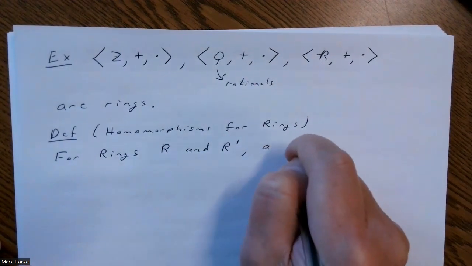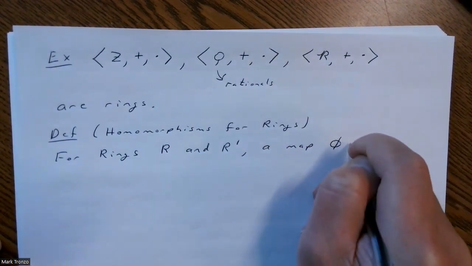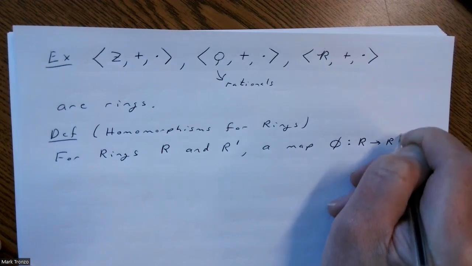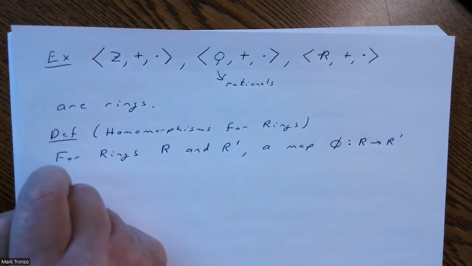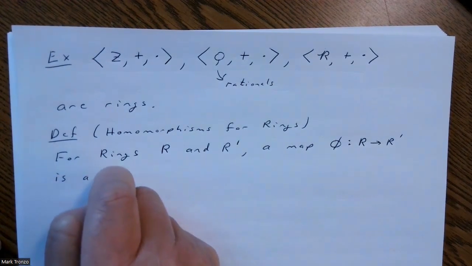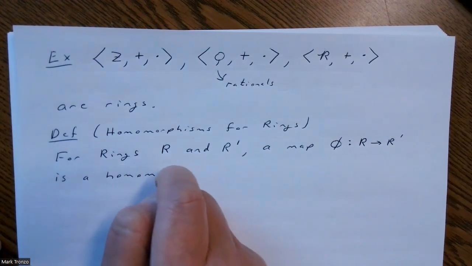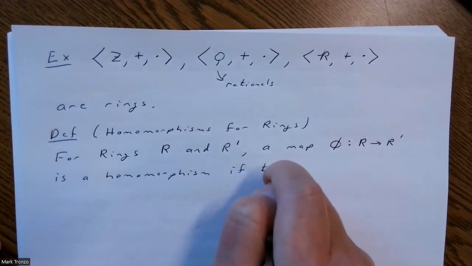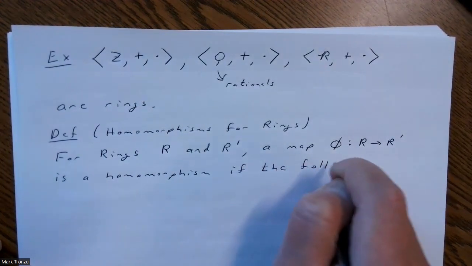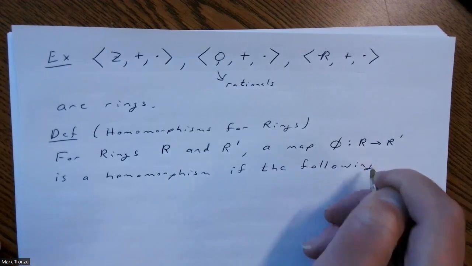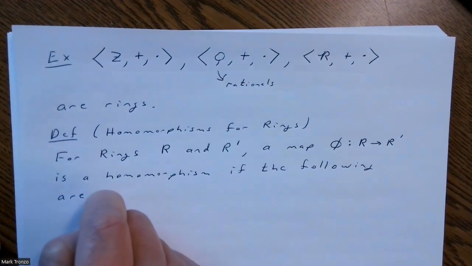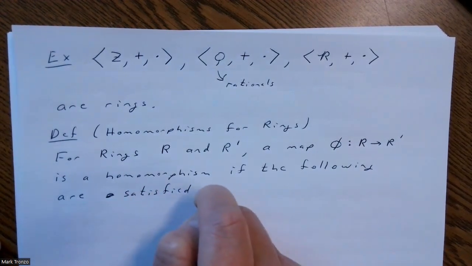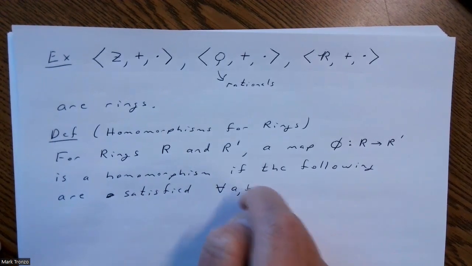A map from the one ring to the second ring is a homomorphism if the following are satisfied, for all A and B in the ring.